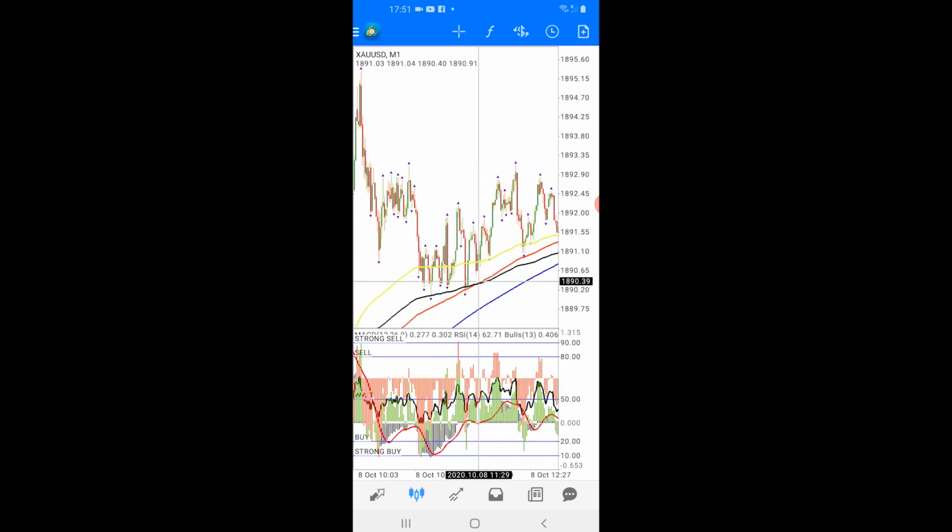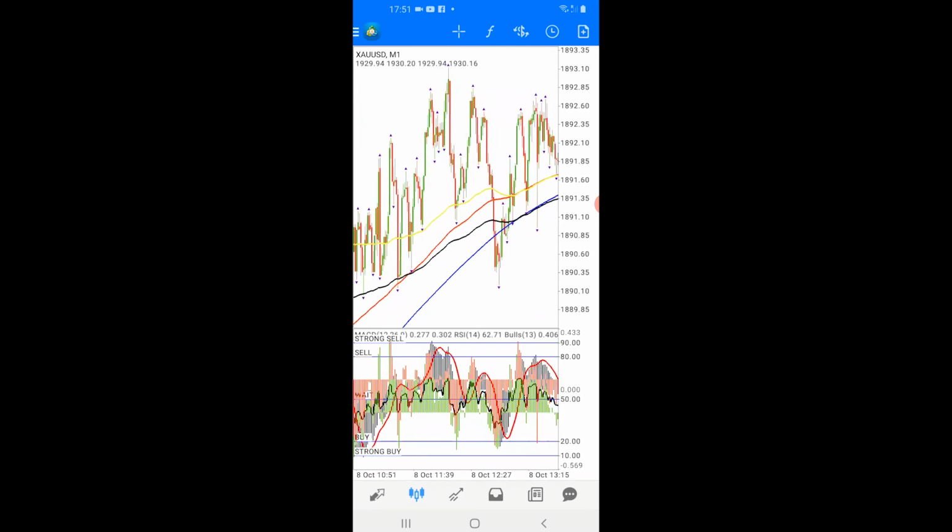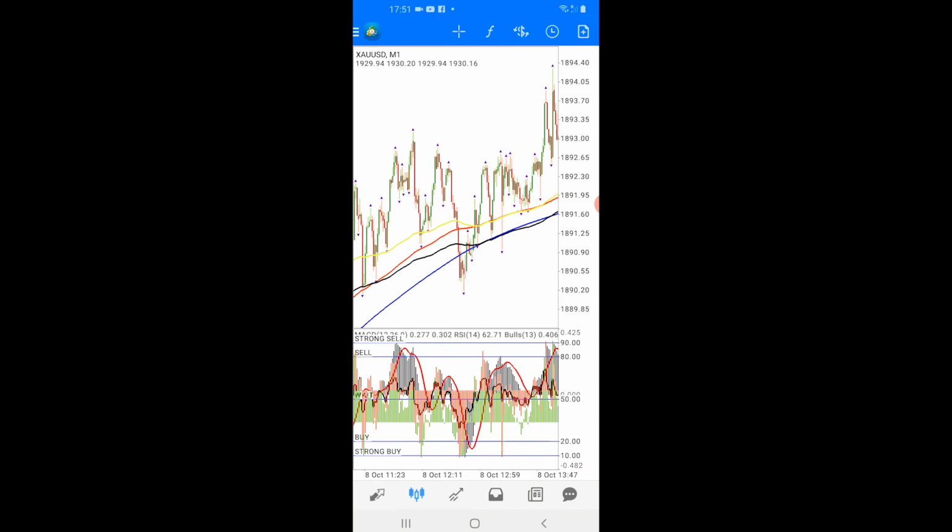The first major crossing between the 210 and 300 moving average here, you make your buy. Like I said, you shouldn't be afraid the market will not reverse immediately. You make your buy and take your profit like that until you see a major false alert.